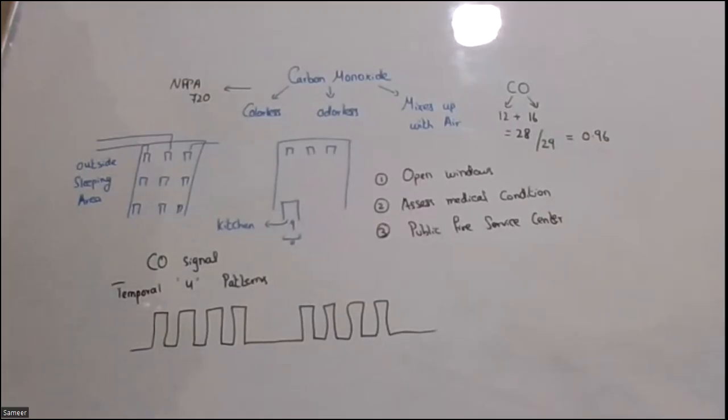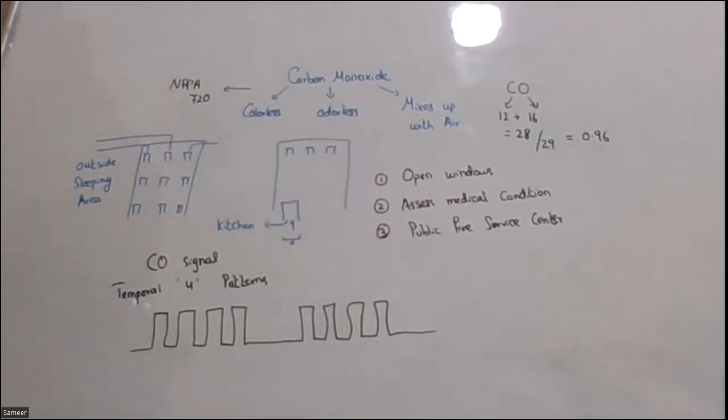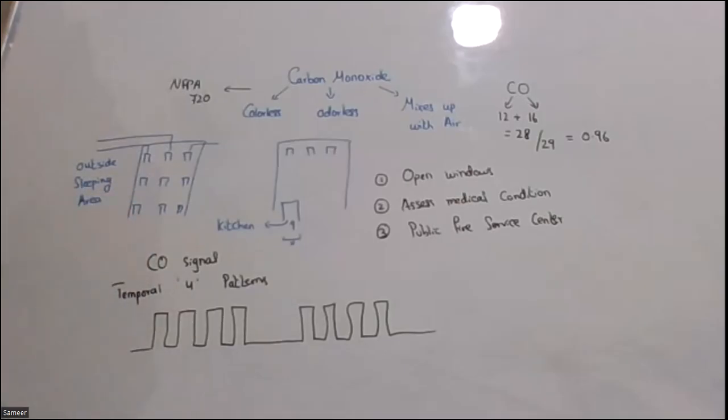In the examination, they can ask you about the temporal patterns. The evacuation signal is a temporal 3 pattern, 3 tones of on and off, and the temporal 4 pattern is 4 tones of on and off.